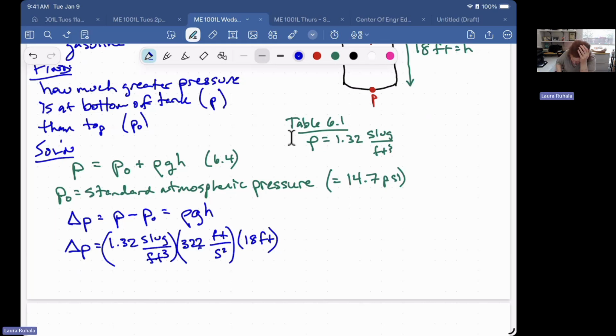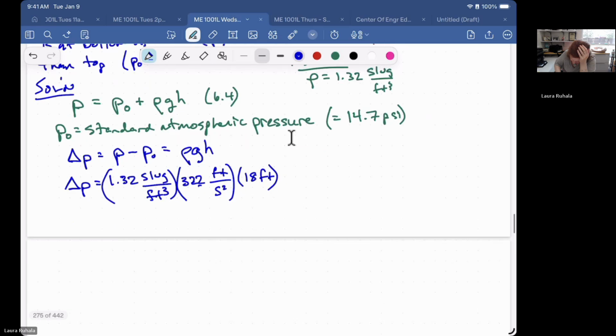Let's look at our units. I'm going to get an answer here, but I don't think we're going to like the units. On the numerator, I have foot squared. On the denominator, I have foot cubed. So my unit, let me get the number. The number is going to be 765.1.